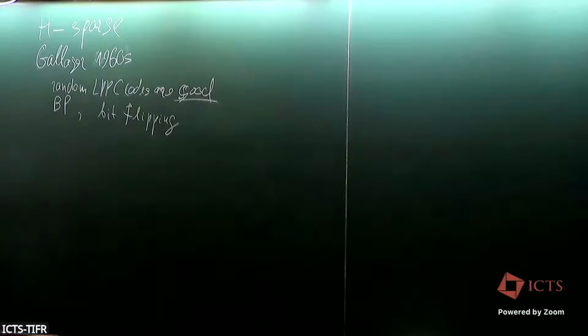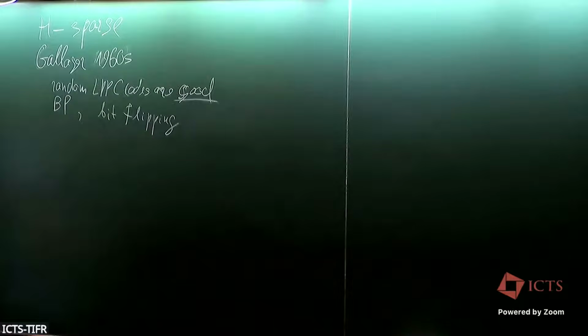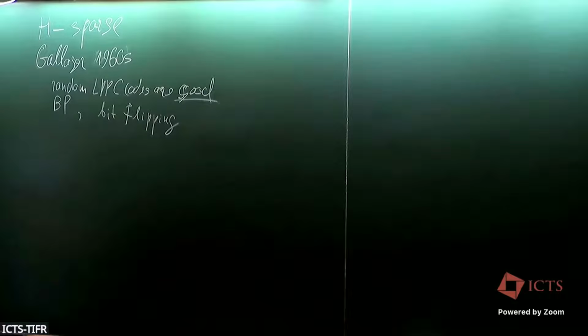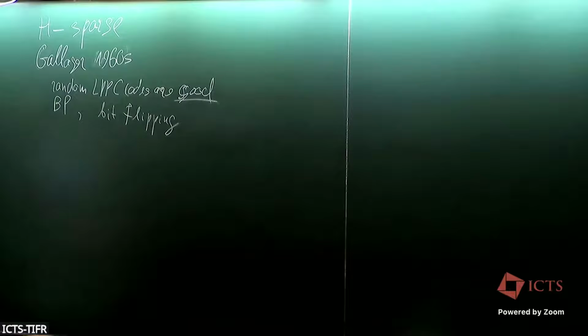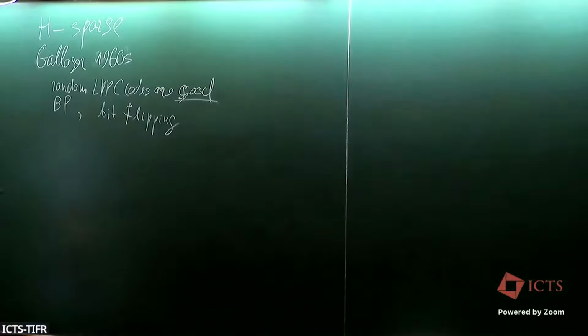The latter is exactly the one that you saw in the previous lectures in the Sipser-Spielman construction. Bit flipping is just that we look at the number of unsatisfied checks of a bit, and if it is too large, we flip this bit, and we do it iteratively. This algorithm was already in the Gallager thesis.